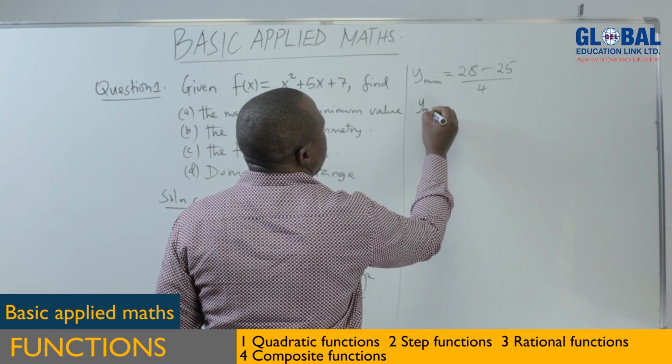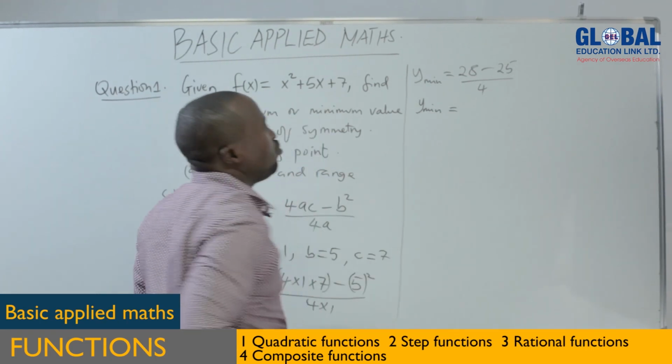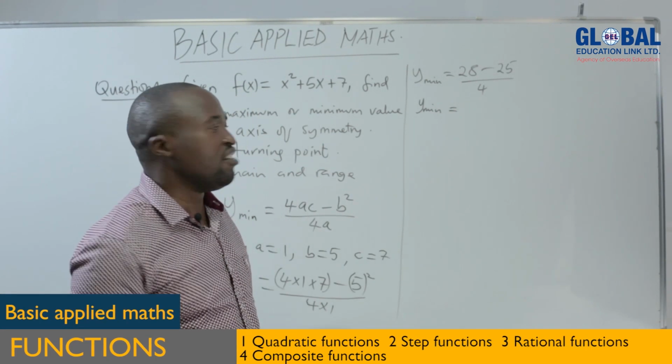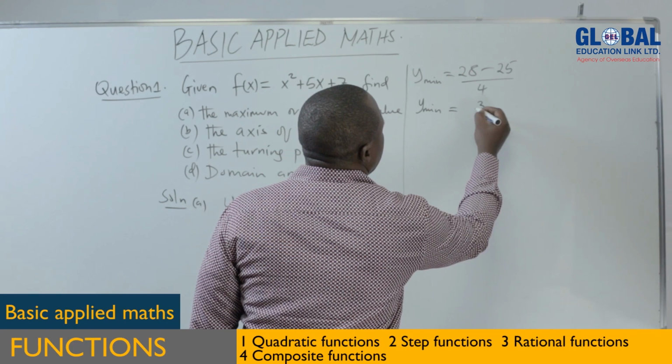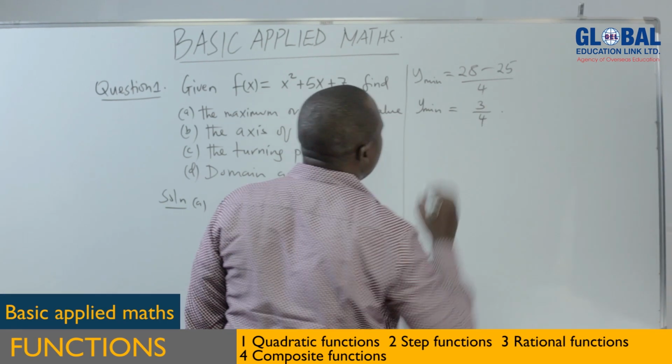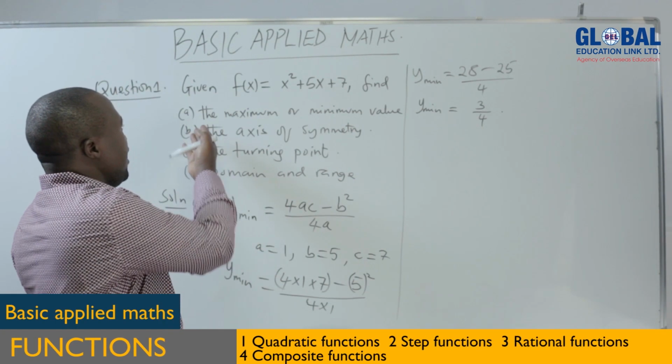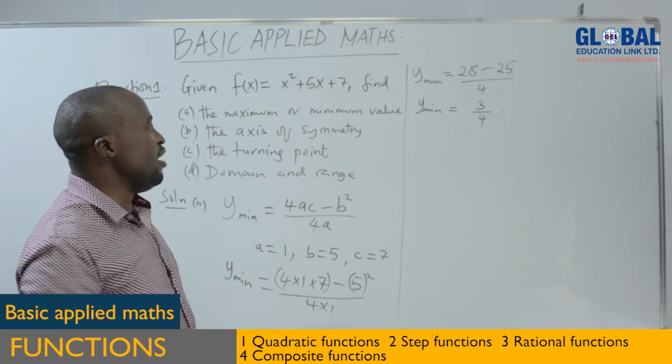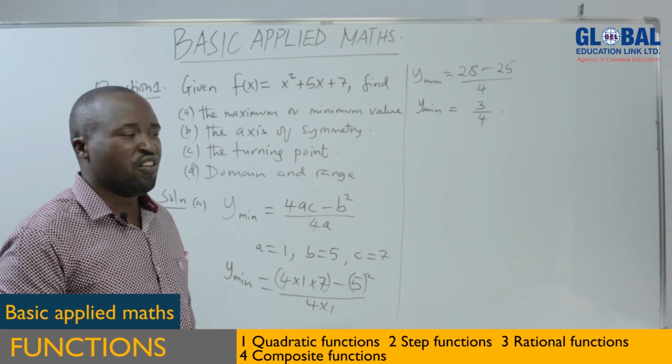Therefore, y min is equal to 28 minus 25, which is equal to 3 over 4. So that is A. So y minimum is equal to 3 over 4.